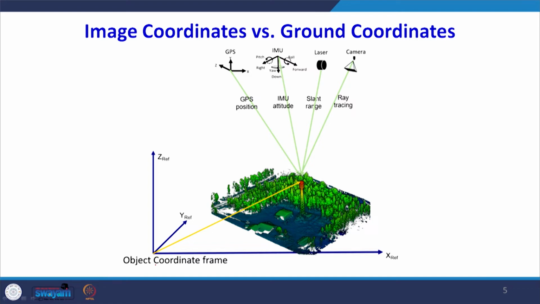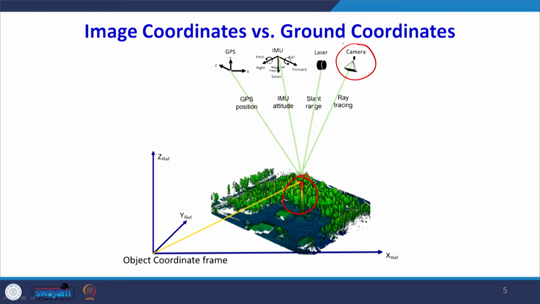This is the object coordinate frame which is shown. There is an object on the ground and there is an object coordinate frame on which x, y and z are marked. So, any point on the earth's surface can be represented in terms of real world coordinates: latitude, longitude and the height of that point.